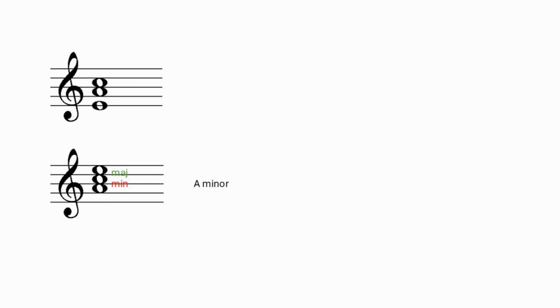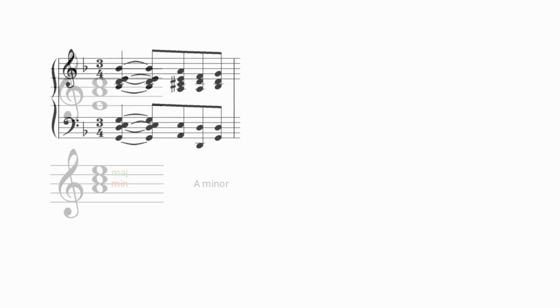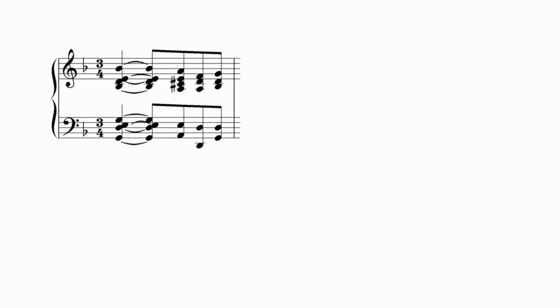Let's look at how chords might appear in some actual music. This is the opening of Rachmaninoff's Piano Prelude, Opus 23, number 3. It's in D minor. I'll just ignore the first chord for a moment because it's got 4 notes in it, but don't worry, we'll come back to that one. The second chord also looks like it might have more than 3 notes in it at first glance.